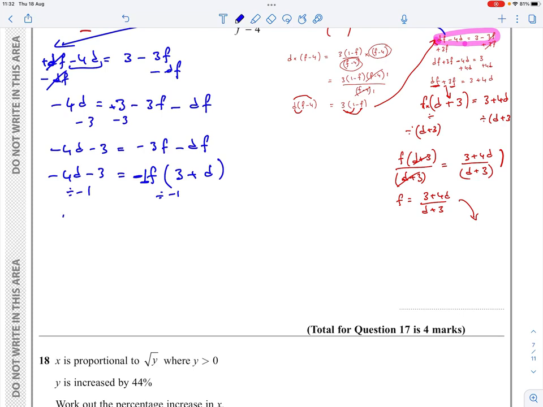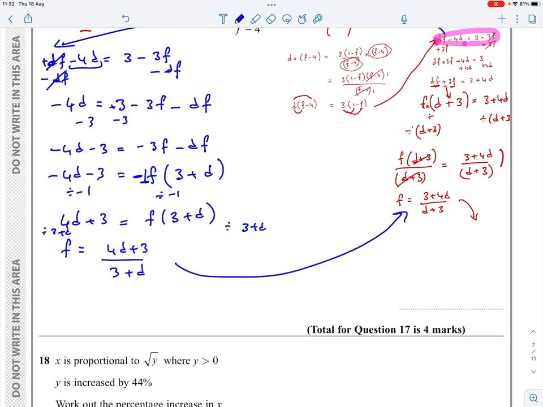Everything changes sign, right? So minus 4d will become plus 4d, minus 3 will become plus 3, and you're left with f times 3 plus d. And all of this, again similarly, dividing both sides by 3 plus d divided by 3 plus d, is going to give us 4d plus 3 over 3 plus d. It's the same as that.